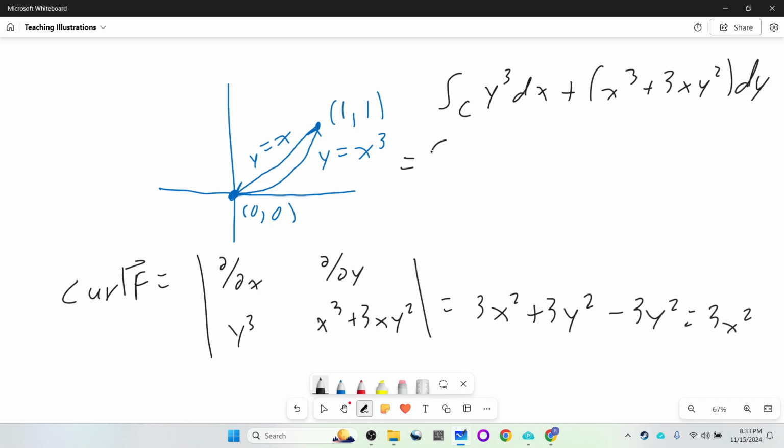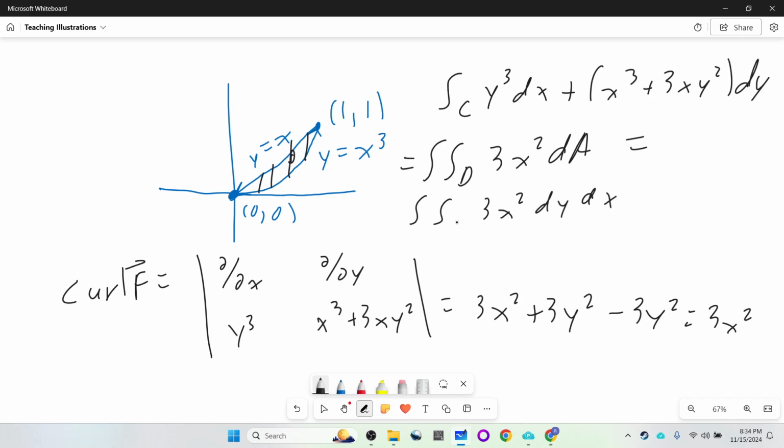So we're just going to have to do a double integral of 3x squared dA across this region D. So this one, you could do it as type 1 or type 2. It's set up to do y first, so that's how I'm going to do it. So I'm going to say 3x squared dy dx. Y goes vertically from x cubed up to x.